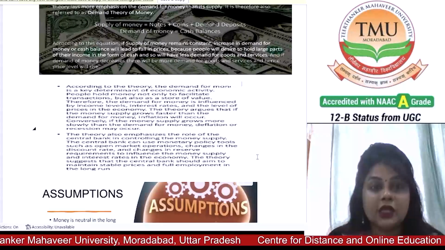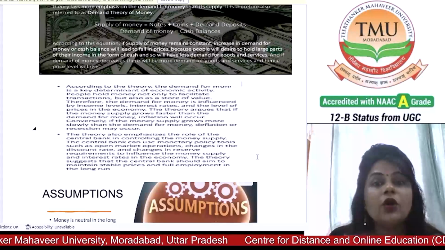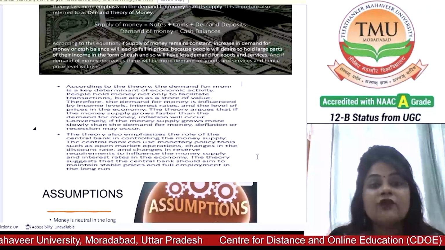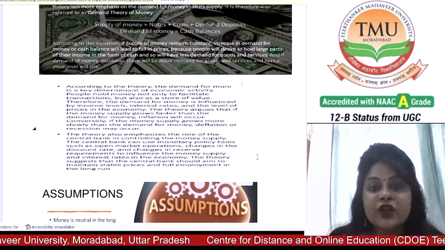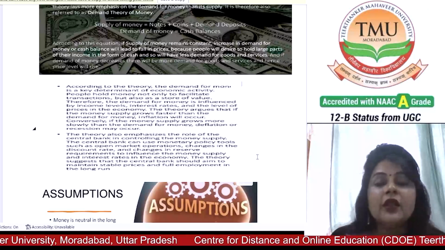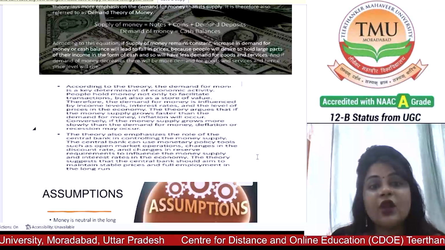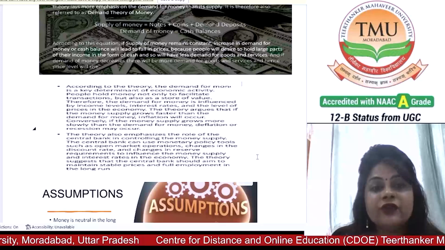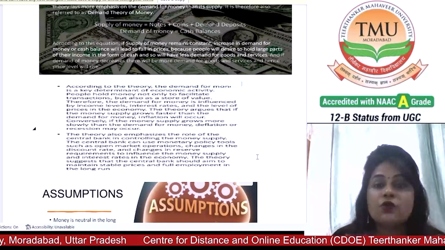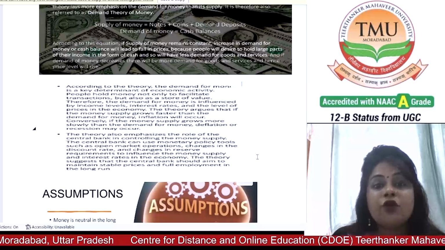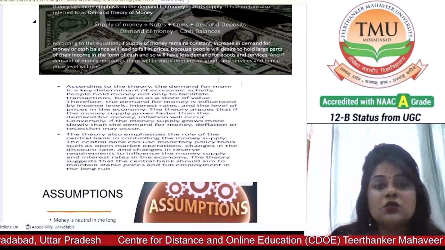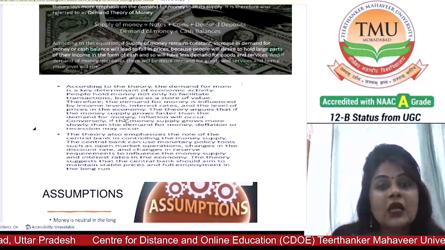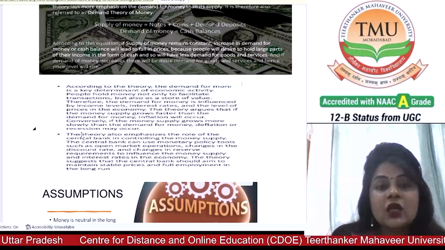So, according to the theory, the demand for money is a key determinant of economic activity. People hold money not only to facilitate transactions but also as a store of value. Therefore, the demand for money is influenced by income level, interest rates, and the level of prices in the economy. The theory argues that if the money supply grows faster than the demand for money, inflation will occur.